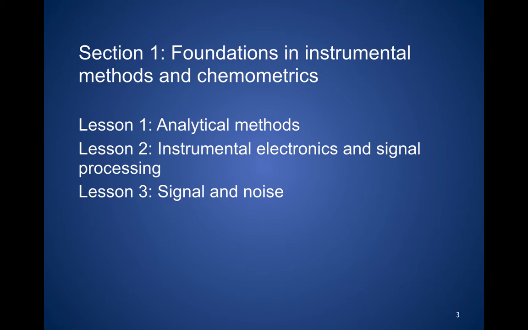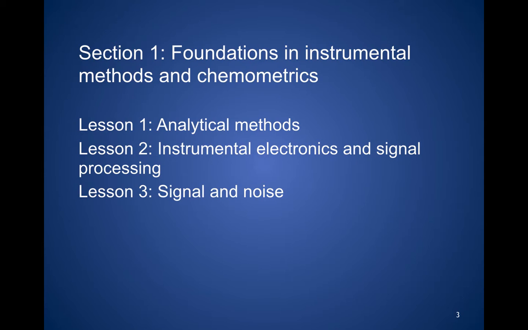So in this section, we're going to cover the foundations in instrumental methods and chemometrics, and we will talk more about chemometrics in the later part. But we're more specifically interested in the analytical methods. Okay, why are analytical methods important? As you have seen in the previous slide, it's important because these methods have a wide array of applications.